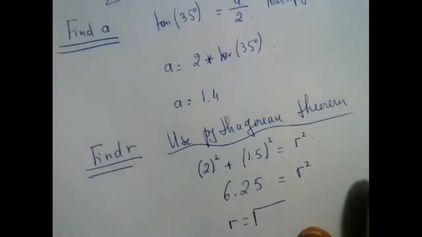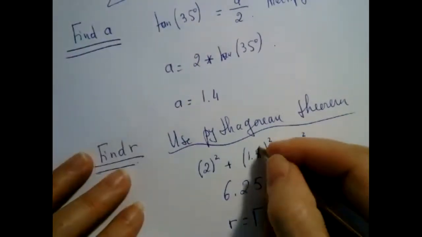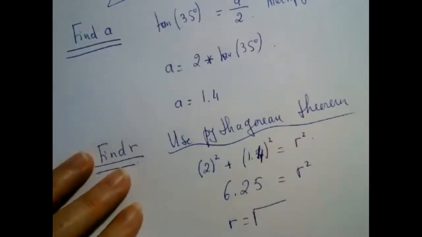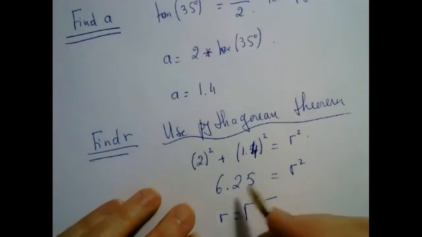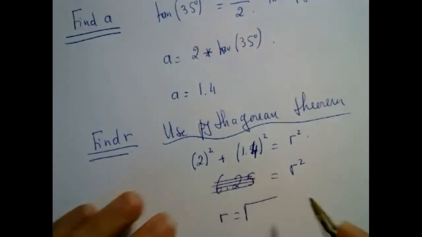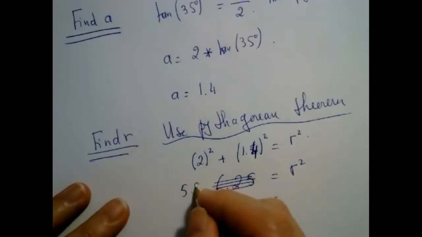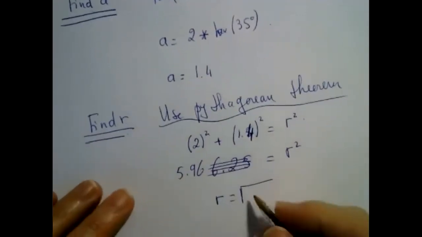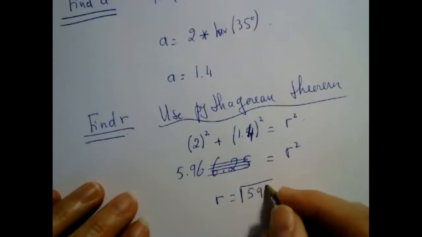Why 1.57? I don't know. What did I do? Oh, thanks a lot, Jaden. I have no idea where I got that from. So it's 4 plus 1.4 squared. So it's going to give me 5.96. And then R is easy. It's the square root of that.